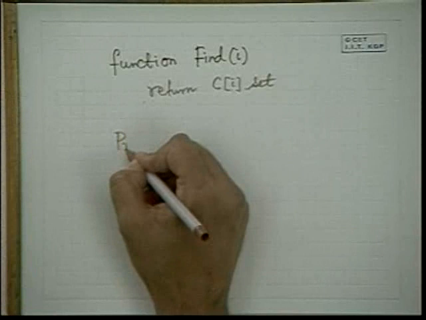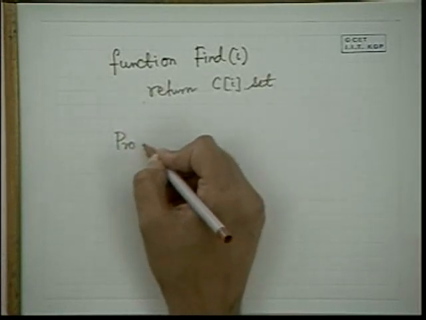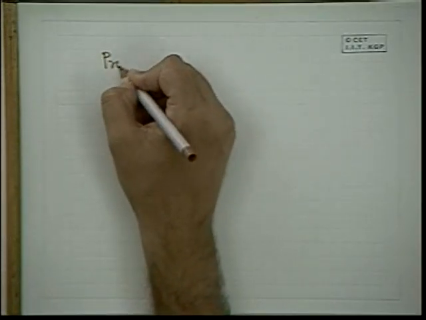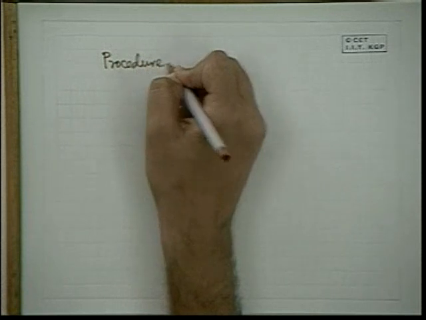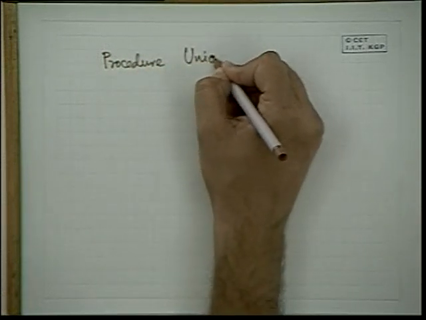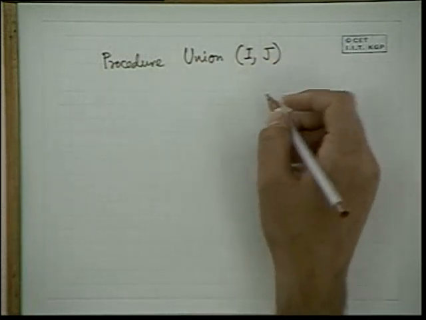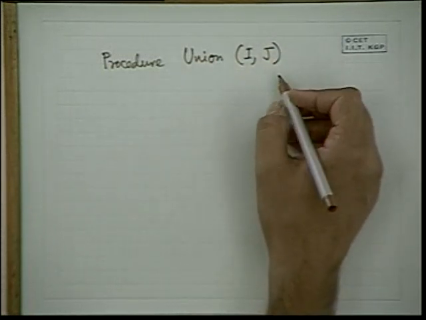So procedure, let me write this one in a separate slide because otherwise I will not have enough space. So procedure union I and j. So these are the two sets which we are going to merge into a single one.